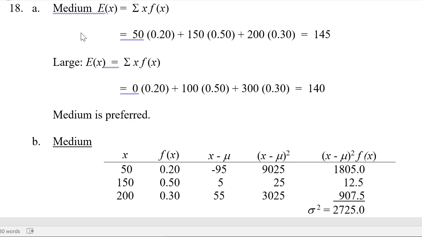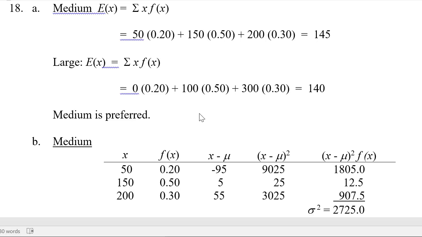For problem 18, what I was looking for is to calculate the expected value for medium. So you're just summing all the multiplications of x times the probability. And for medium, it's 145. For large, it's 140. You would say the medium had the higher expected value.